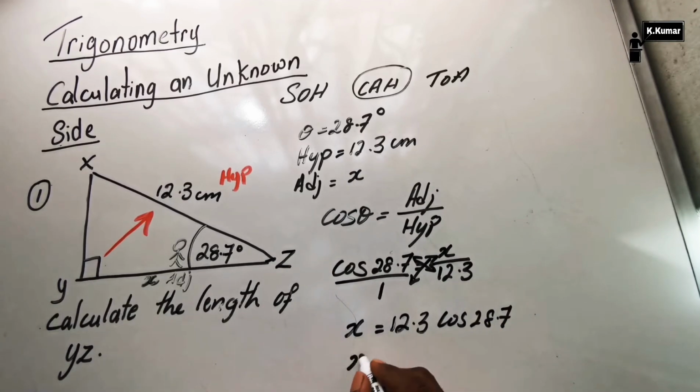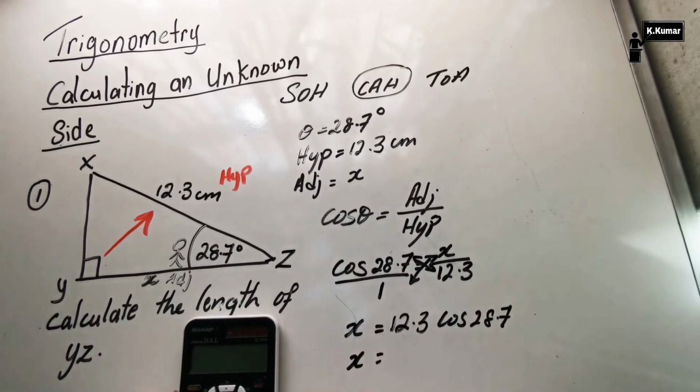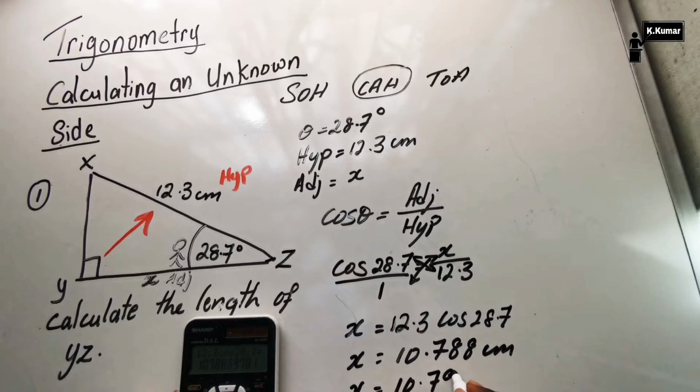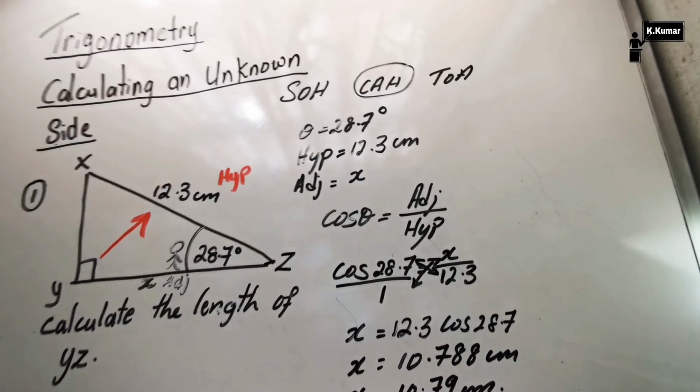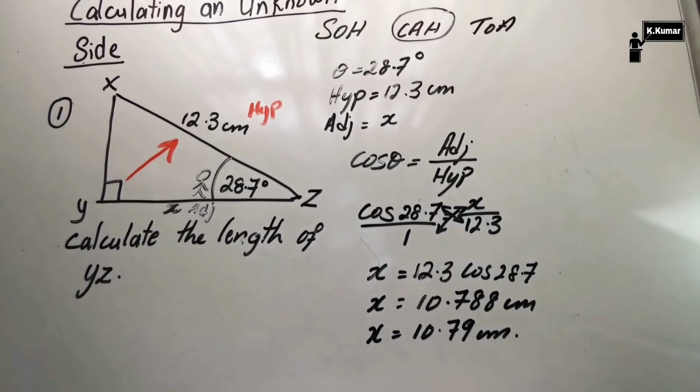We want the value of x, so we use a scientific calculator. 12.3 cos 28.7 gives me 10.788 cm. To two decimal places, x is 10.79 cm. And this is how we use cosine to find the missing side.